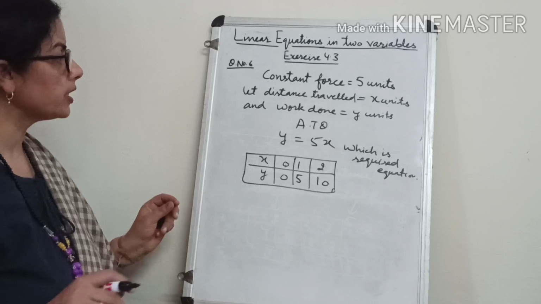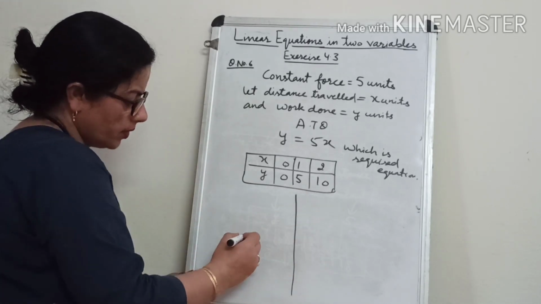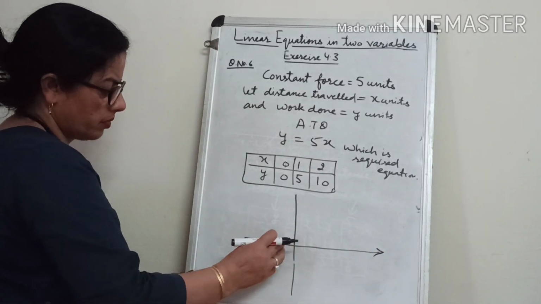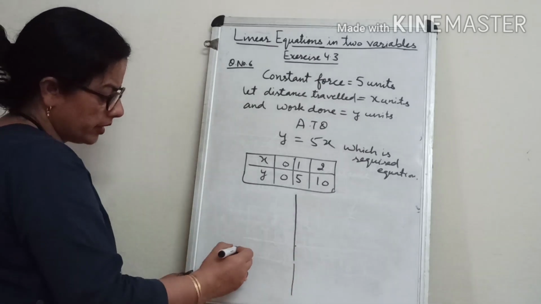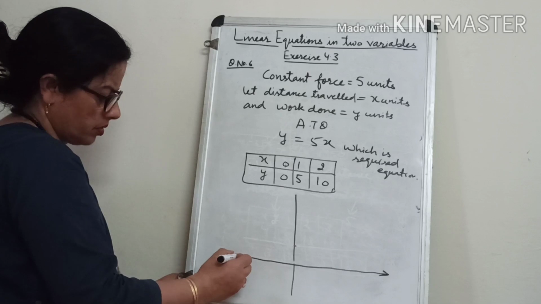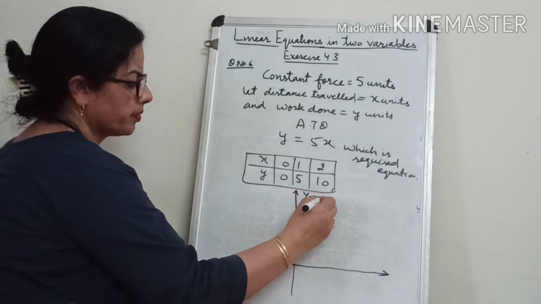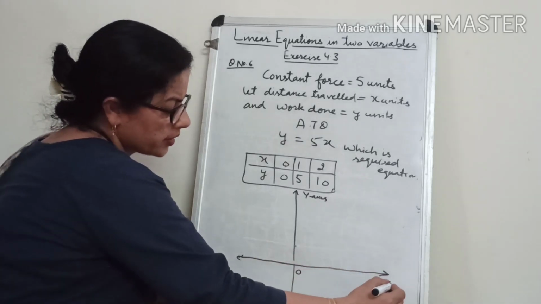Now we have to plot the points. For this we will take the xy plane. Here on y we have to take 10 also. Y-axis this one, and here the origin, here the x-axis.